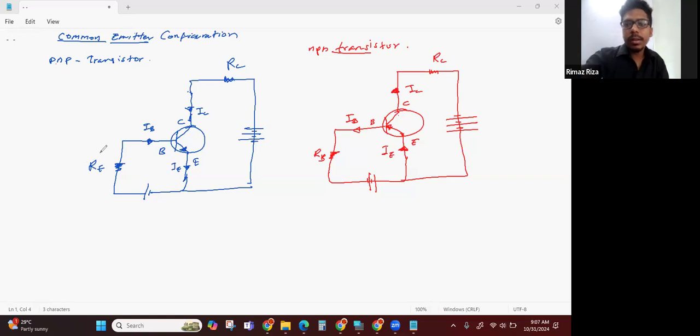Okay. Do you find drawing these circuits easy? Yes. Say yes. Do you find drawing these circuits easy?